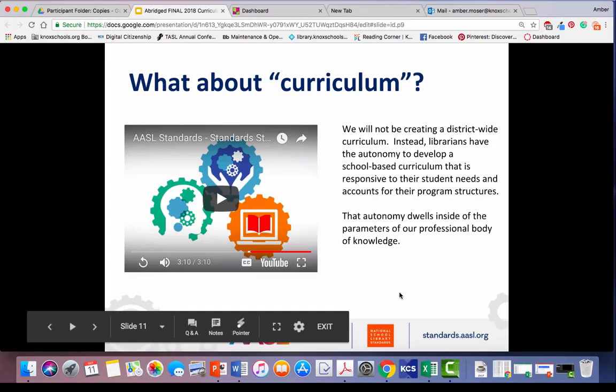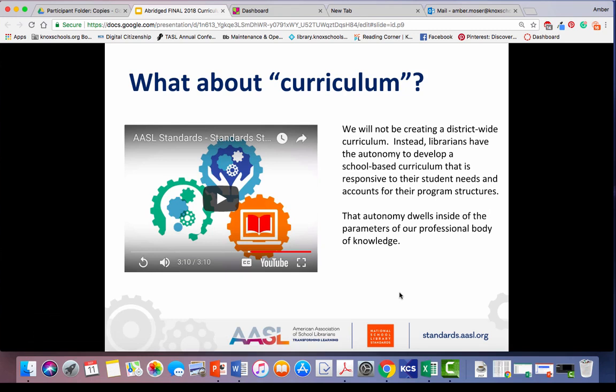Okay, so as the speaker on the video said, the standards do not make a curriculum. A curriculum is a document or a series of practices that you would create and adopt to get you planned and ready to make sure each student has an opportunity to master the standards.